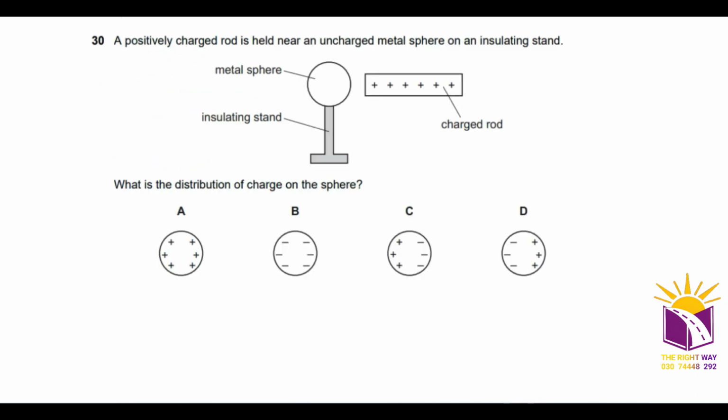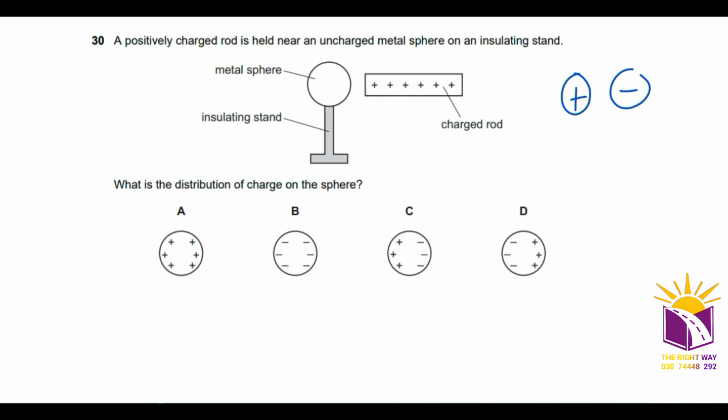Question number 30. A positively charged rod is held near an uncharged metal sphere on an insulating stand. We have a metal sphere, an insulating stand, and a charged rod. What is the distribution of the charge on the sphere? Now we know that positive charge is going to attract negative charge.